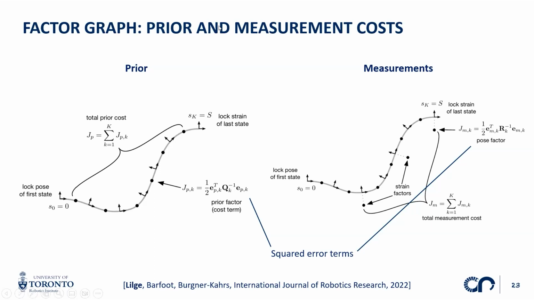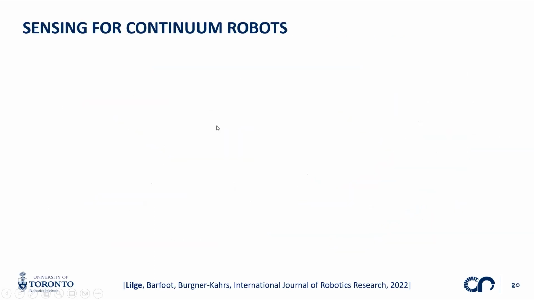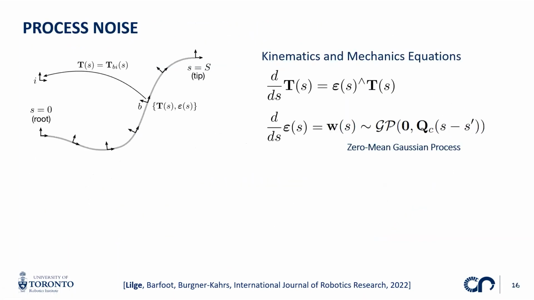What's interesting, I didn't really go into that detail too much, but let me go back. Generally in my strain I have my stiffness matrix, right? But I replace the whole term with the zero mean Gaussian process. You can think of the covariance matrix as depicting the stiffness of my material in a sense. So if I tune this correctly, I can say changes in shear and elongation are almost not allowed.